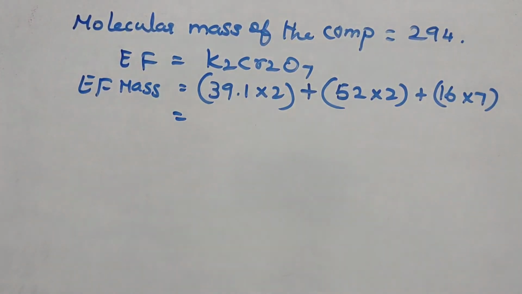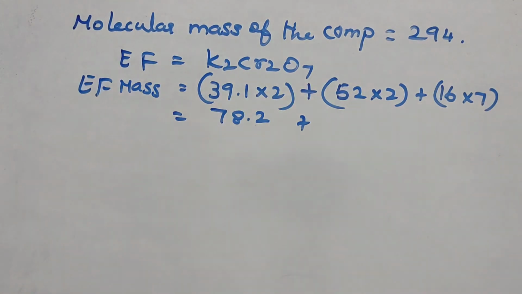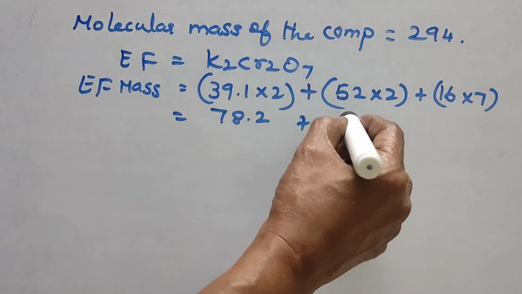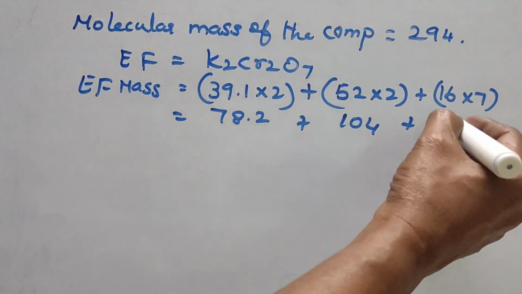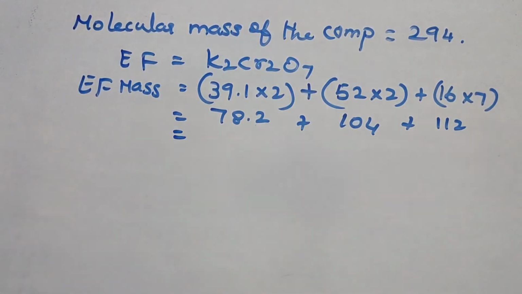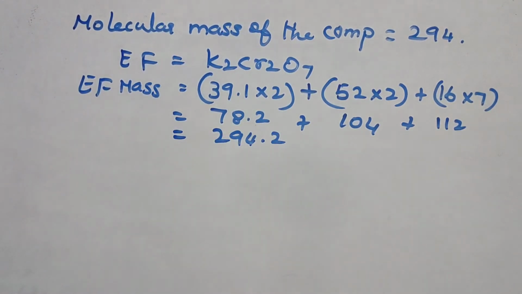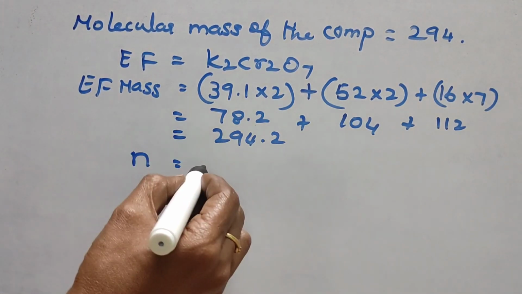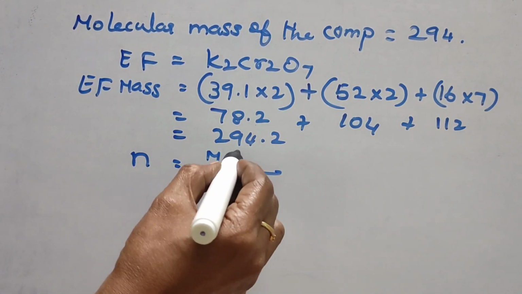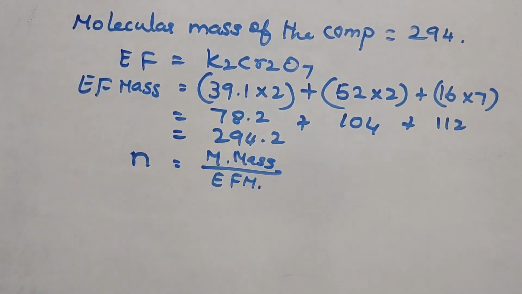So 39.1 into 2 equals 78.2, plus 52 into 2 equals 104, plus 16 into 7 equals 112. That is equal to 294.2. Now we will find N. N equals molecular mass divided by empirical formula mass.